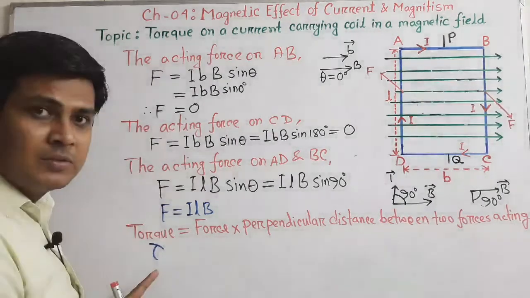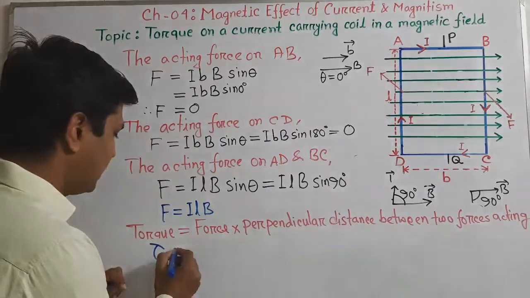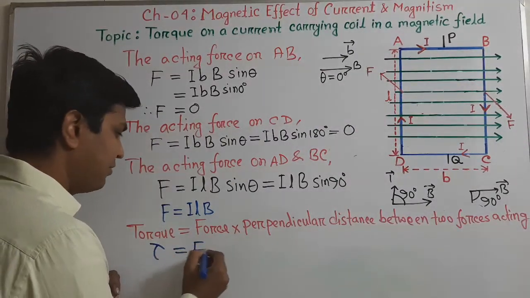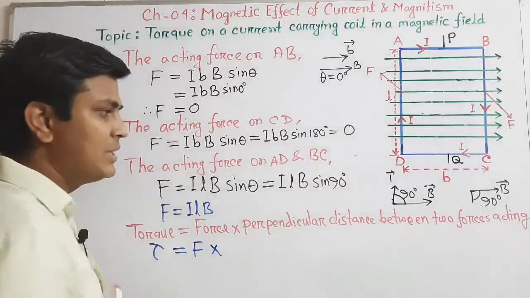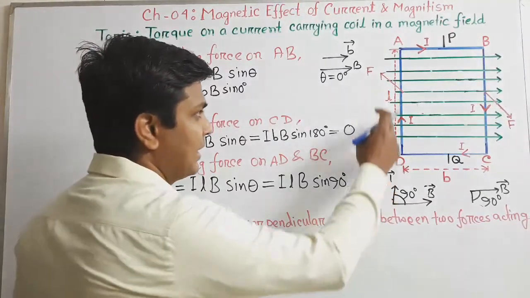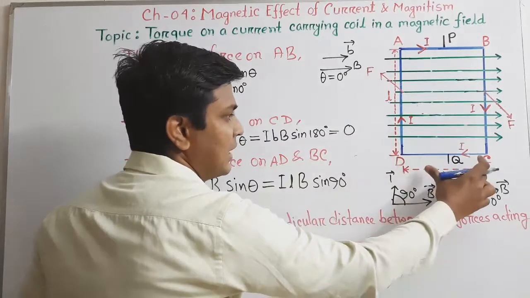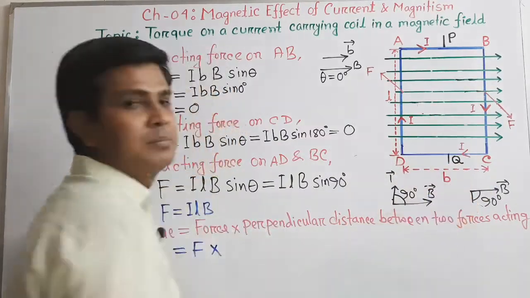The symbol of torque is tau, pronounced tau, and force is F, and the perpendicular distance between the two forces is here b.